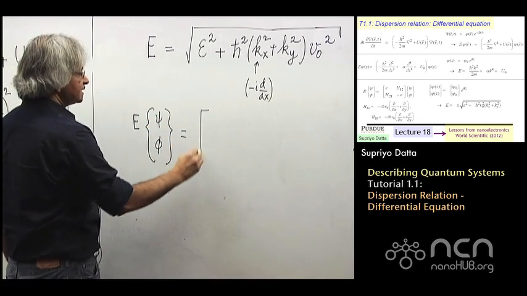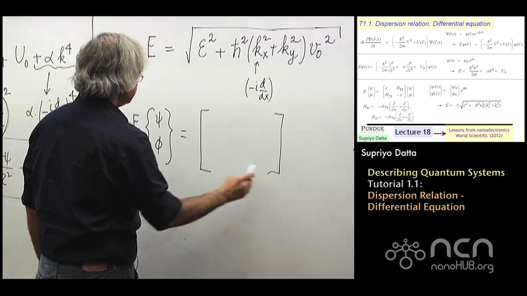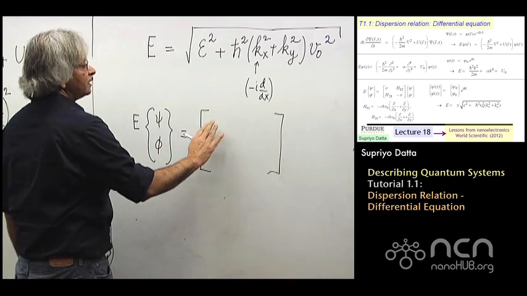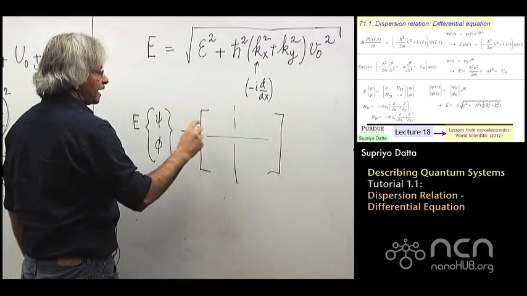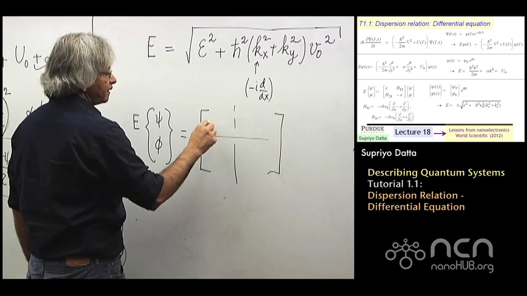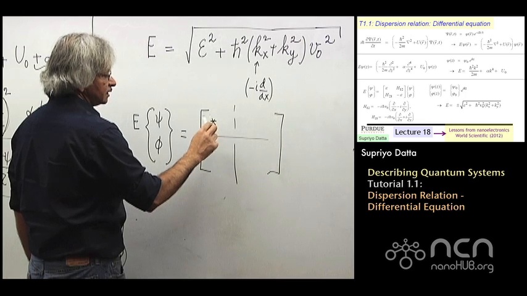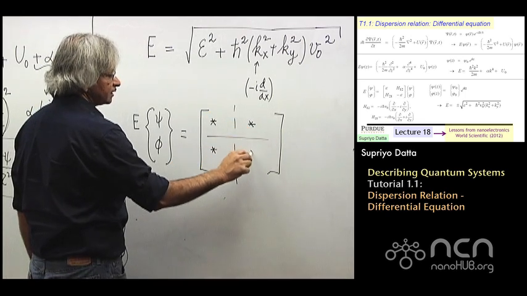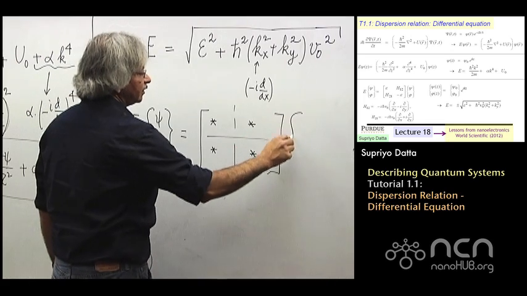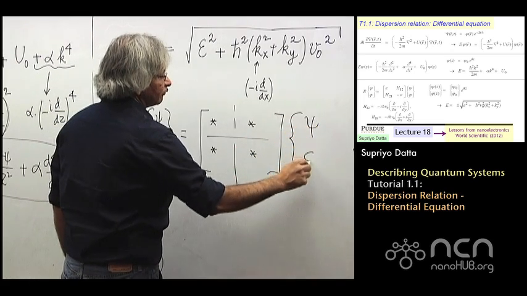And you'd say, okay, E times (psi, phi) is equal to a matrix operator, so you have some differential operator here, something else here, something else here, something else here, acting on psi and phi.